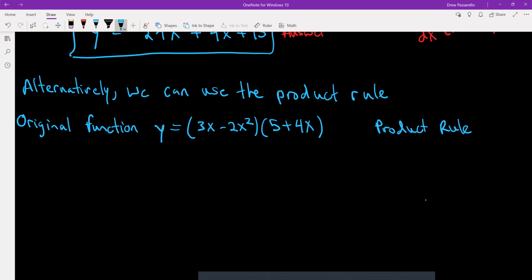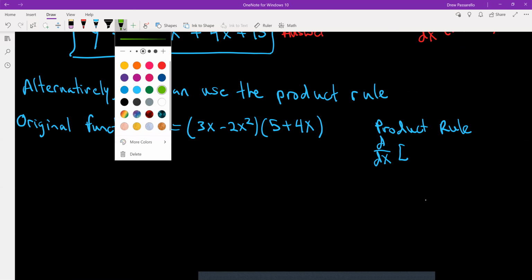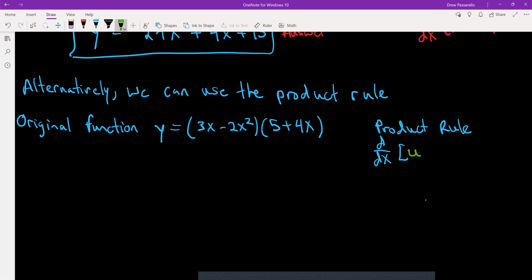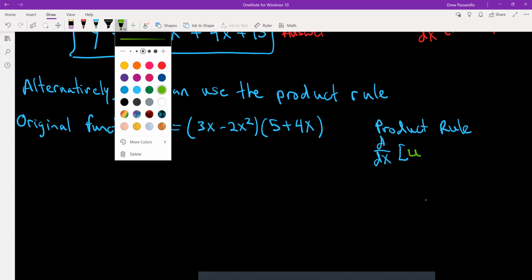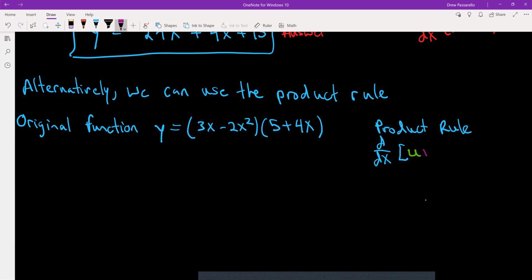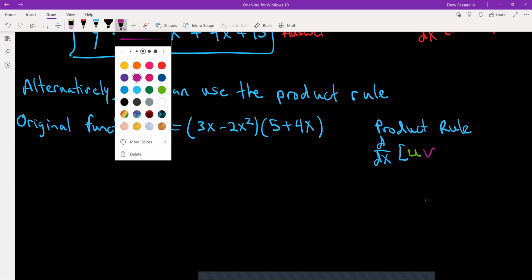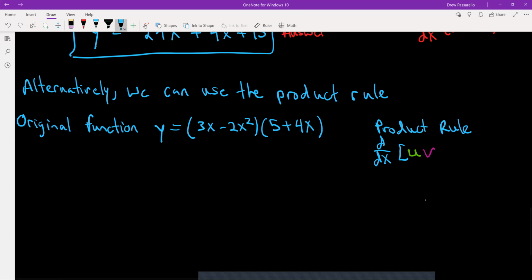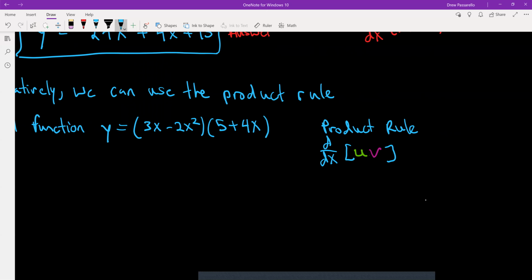All right, so the product rule says we take the derivative with respect to x of u times v, and I'll use a different color. I'll use green for u, and then I'll put v in purple, just so we can get a feel for how to apply the formula. So it's equal to u prime times v, so that's the first part.